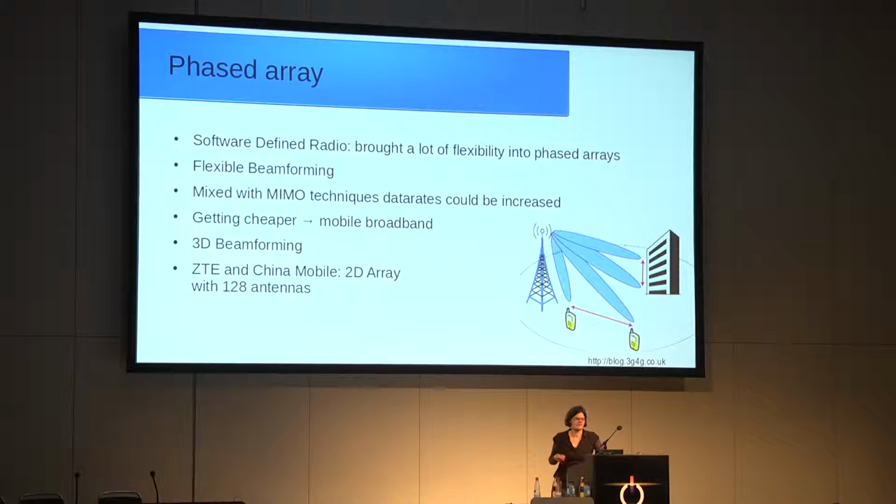So they are always worried about how they shall transport all those mobile data, so they can actually reuse frequencies with this beam forming. The latest headline came from ZTE and China Mobile, who did a test with 2D arrays with a total of 128 antennas.